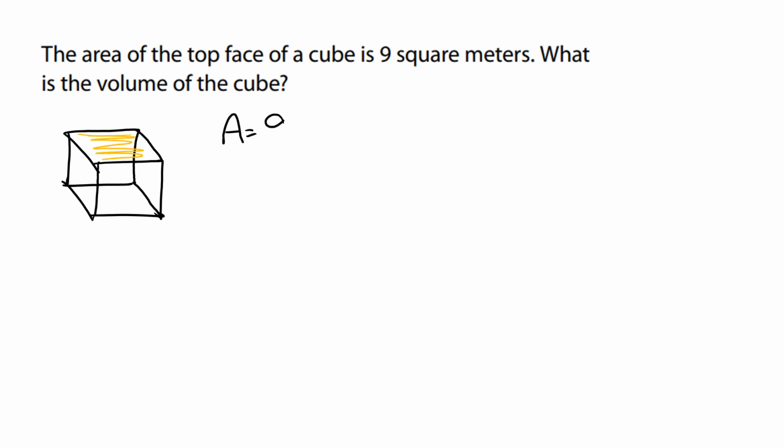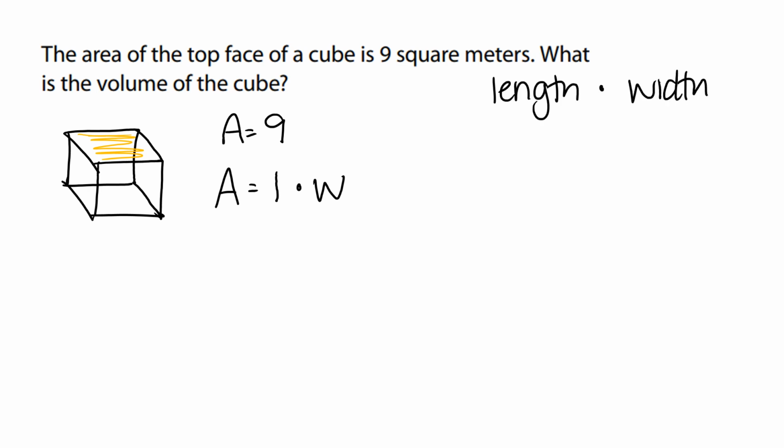Area is found by doing length times width. So we have to think about what two numbers can we multiply to get 9. The easiest way to do that is to take the square root. The square root of 9 is 3. 3 times 3 is 9. So both my length and my width is 3.